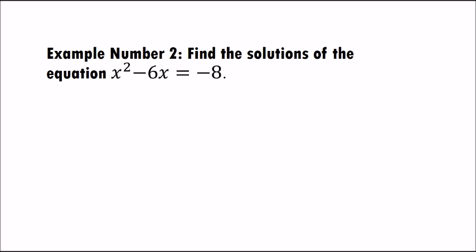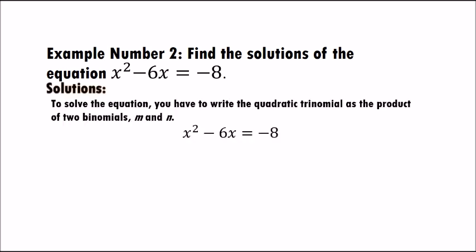Para sa ating example number 2, find the solutions of the equation x squared minus 6x equals negative 8. To solve the equation, you have to write the quadratic trinomial as the product of two binomials, m and n. Katulad din ng ginawa natin sa example number 1.